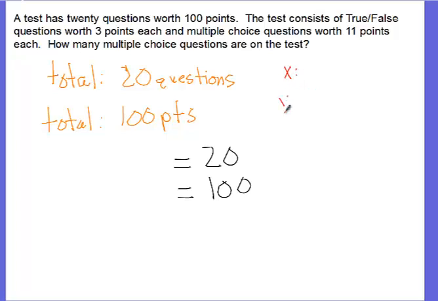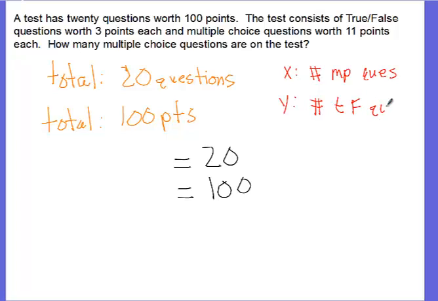We have x and y as our two variables, and the question asks how many multiple choice questions are on the test. So I'm going to make x the number of multiple choice questions. Variables are things you try to find, so right off the bat that's what x and y have to be: the number of multiple choice questions and the number of true and false questions.